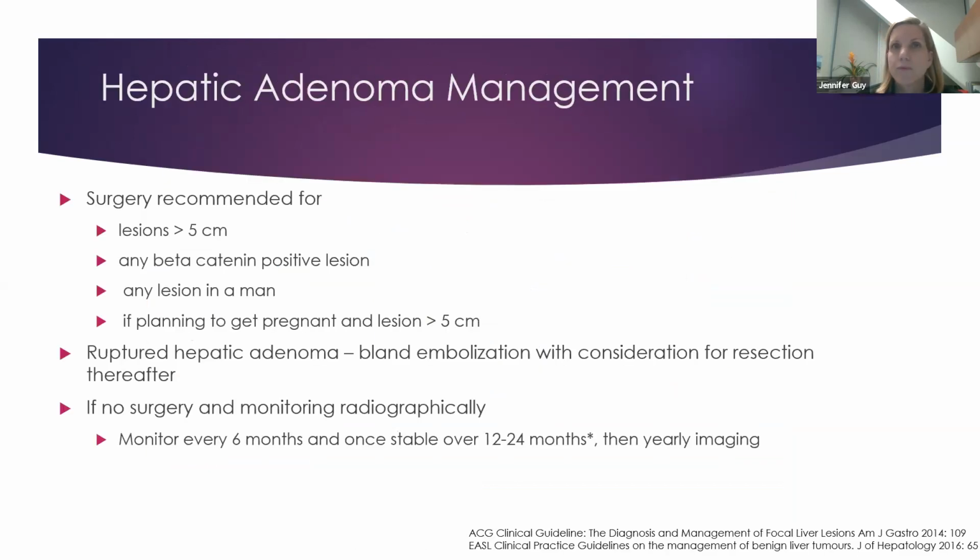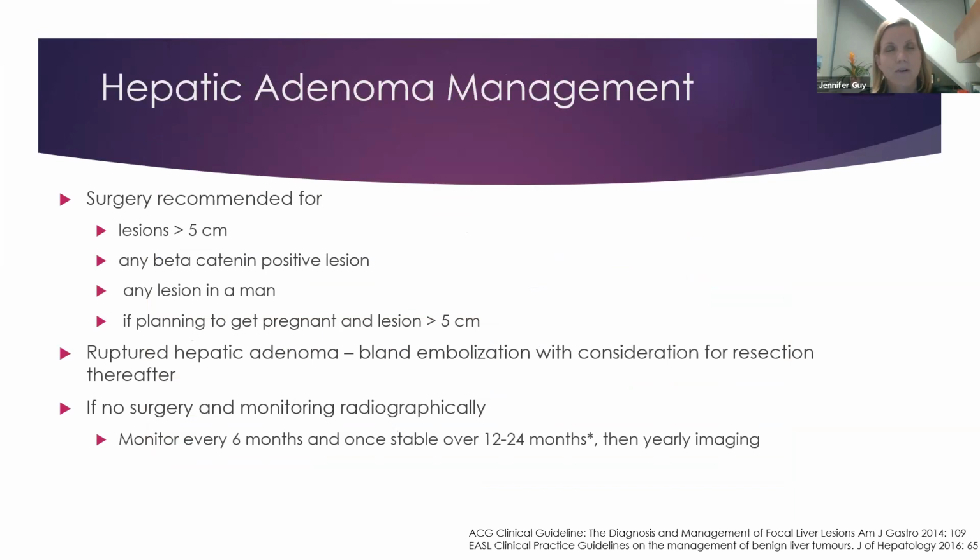So as I reviewed already, the management for adenoma is surgery for those lesions that are over 5 centimeters and have not regressed with weight loss or stopping birth control. Any beta-catenin positive lesion, any lesion in a man, as I alluded to, and then if they're planning to get pregnant. For a ruptured hepatic adenoma, bland embolization to stop bleeding and to control the hemorrhagic shock is important.